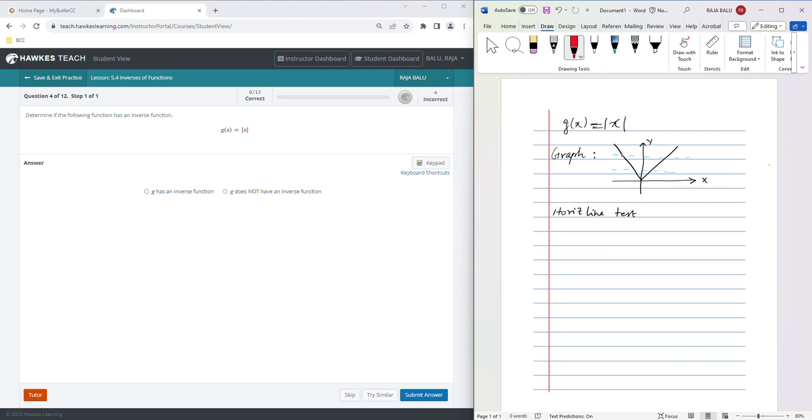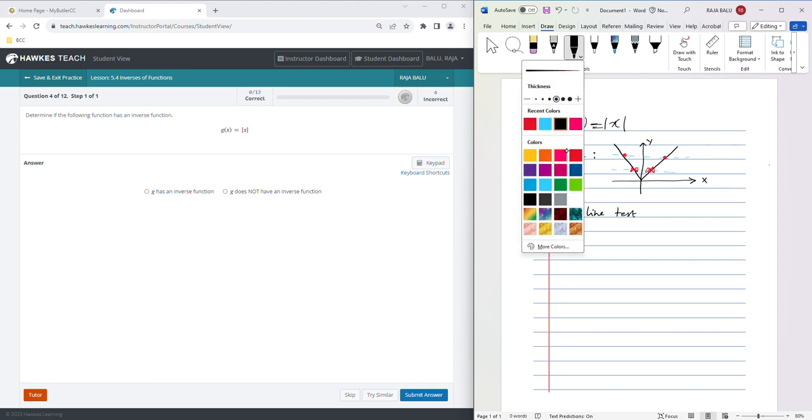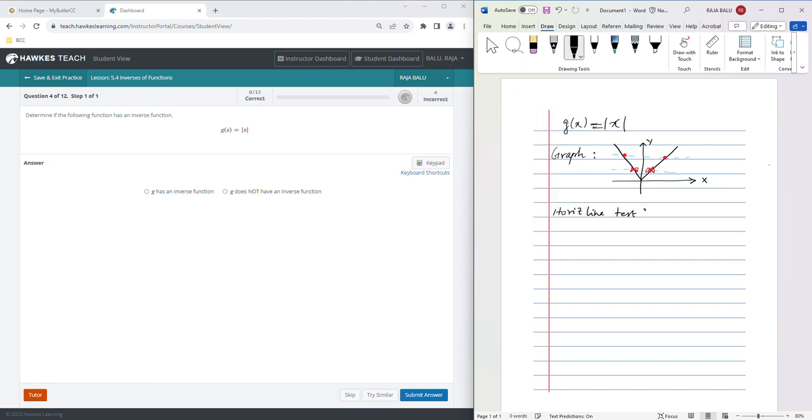There you go. So here we are, the points of intersection for the first horizontal line, points of intersection for the second horizontal line.